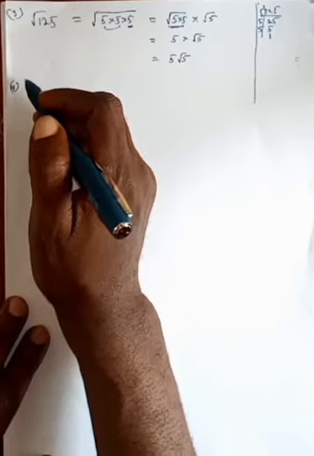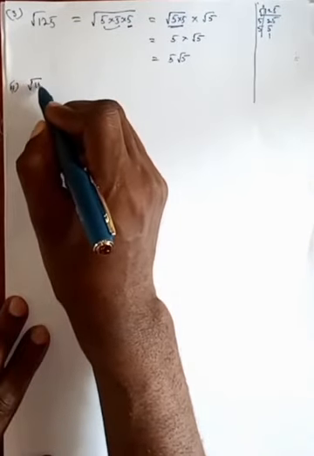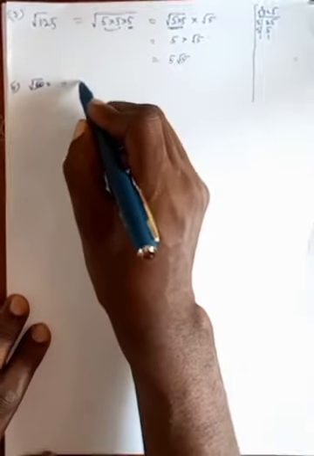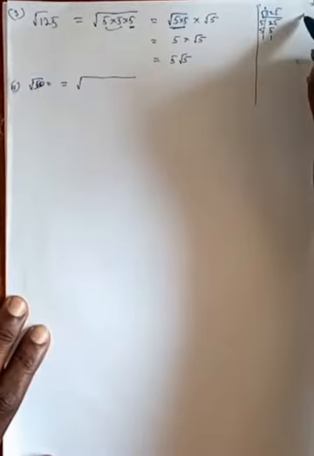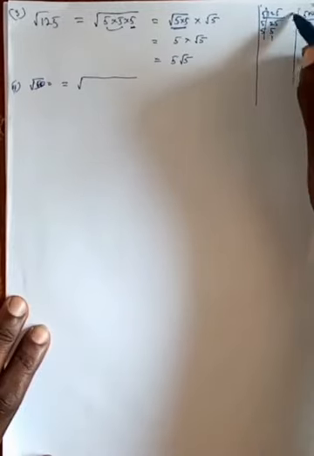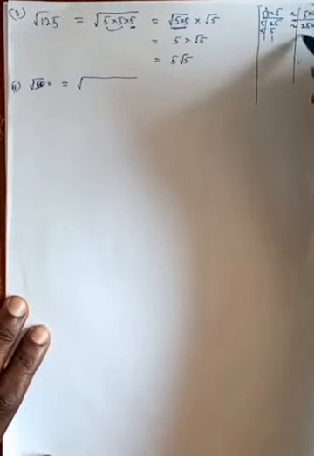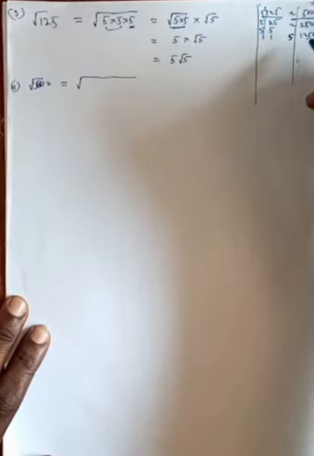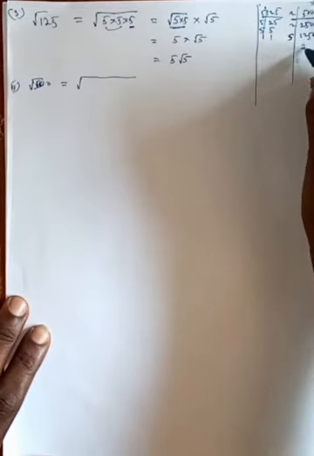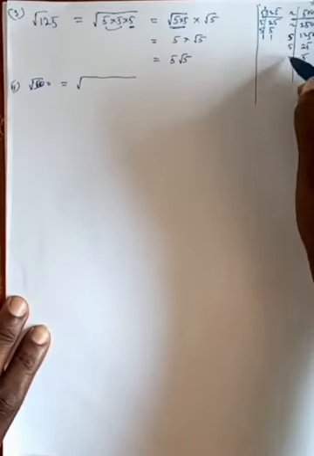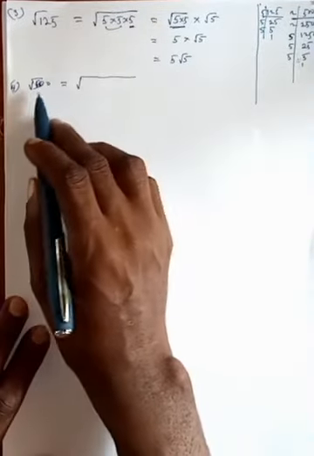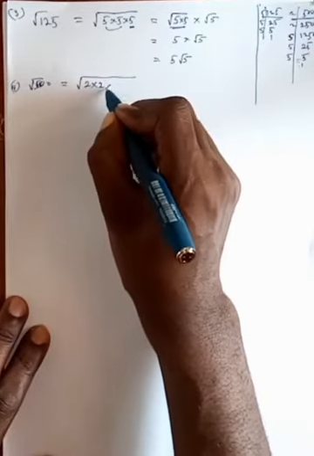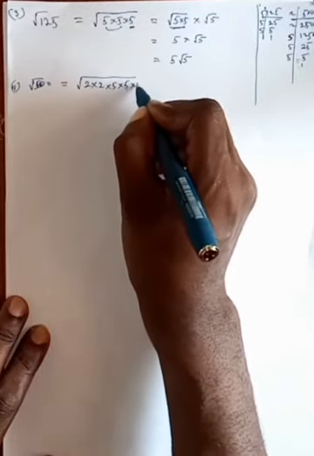Then the next is number 4. What we have in number 4 is we are asked to simplify root 500. So we can come here, 500. 2 in 500 is 250. 2 in 250 is 125. Then 5 is the next number we can use. 5 in 125 gives 25, 5 in 25 gives 5, and 5 in 5 gives 1. So 500 can be written as 2 times 2 times 5 times 5 times 5.